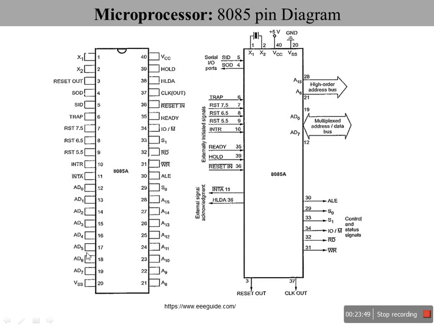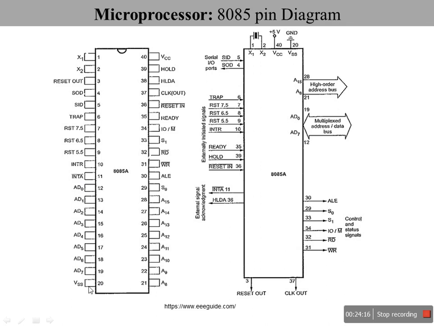Time multiplexed means that in the first case, pins 12 to 19 become address lines, A0 to A7. Then after the first clock, once the peripheral or memory is identified, this address will be latched. Then pins 12 to 19 become data lines, D0 to D7. So these lines are time multiplexed.